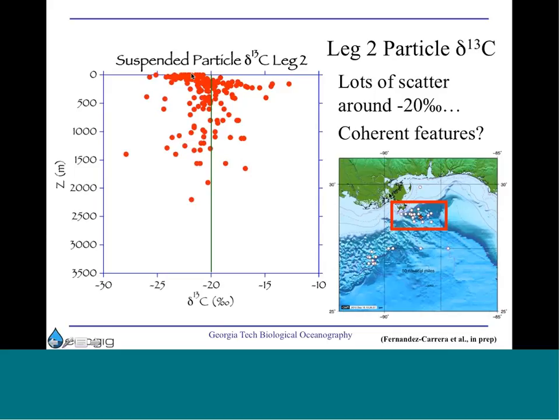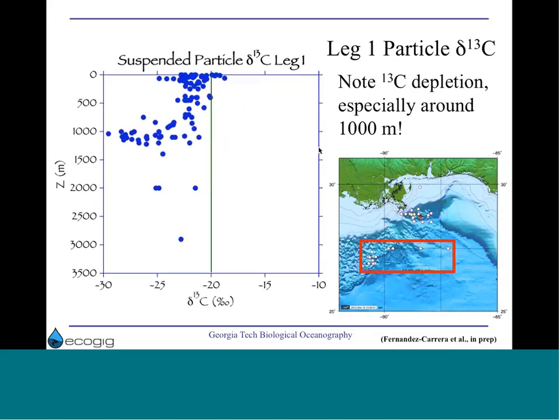So here, from these stations very close to the wellhead, we see that surface low delta C13 signal, as well as a hint of some lower delta C13 values deeper down in the water column, but the distribution is actually fairly symmetric around that -20 value. So near the wellhead, at this point in time, about a month after the major spill ended, we have some evidence for movement of carbon from the well into the suspended particles at the surface and deeper down.